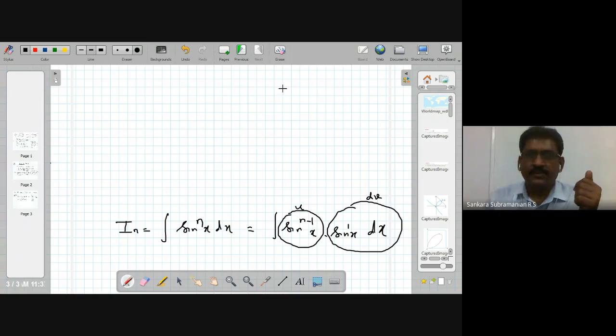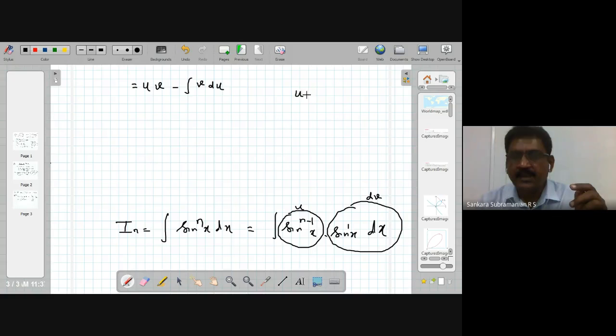So u is there. What is integration by parts? We know that the integral of u dv equals uv minus the integral of v du. This is the formula. But u here is taken as sine to the power n minus 1 x.